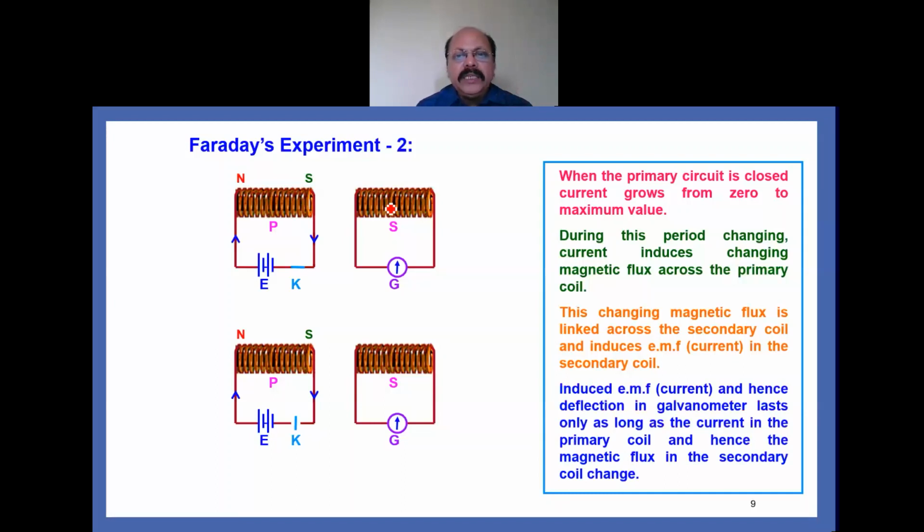And induced EMF, and hence current, gives the deflection in the galvanometer, which lasts only as long as the current in the primary coil, and hence the magnetic flux in the secondary coil, changes.